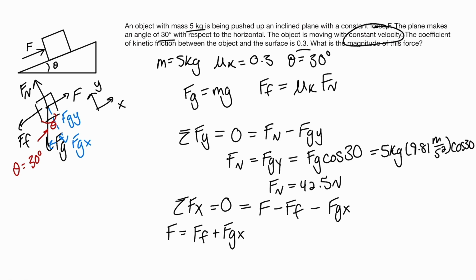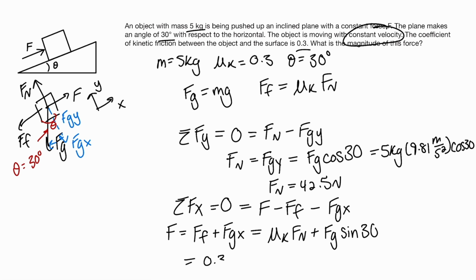Looking at our equation above, we know the force of friction equals the coefficient of kinetic friction times the normal force, and we know that Fgx equals the gravitational force times sine 30.